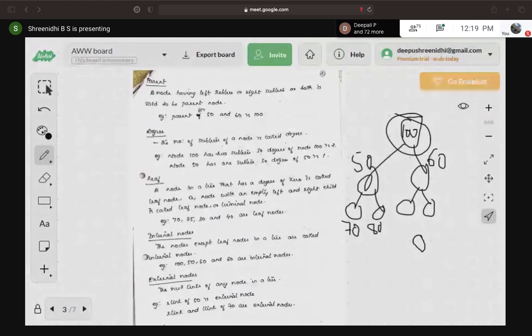So what are the external nodes of the tree? Please make it fast. Analyze the tree and tell.